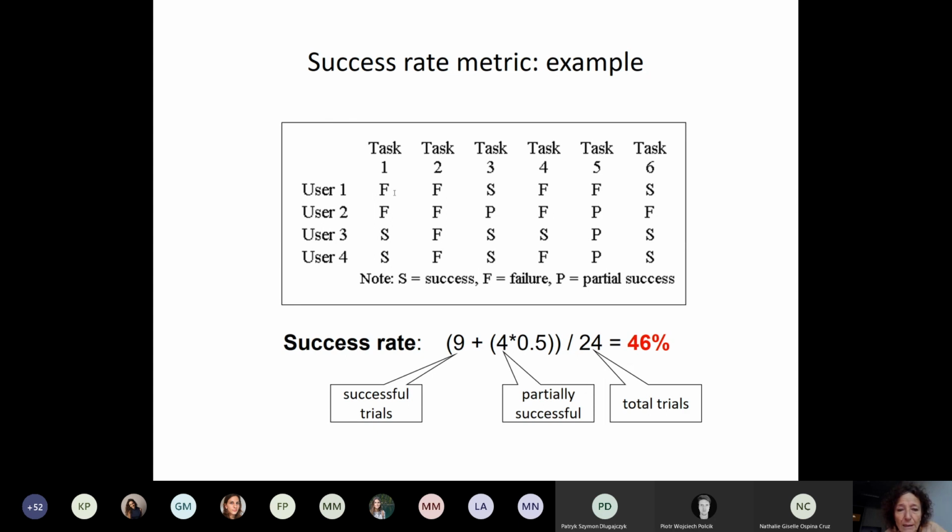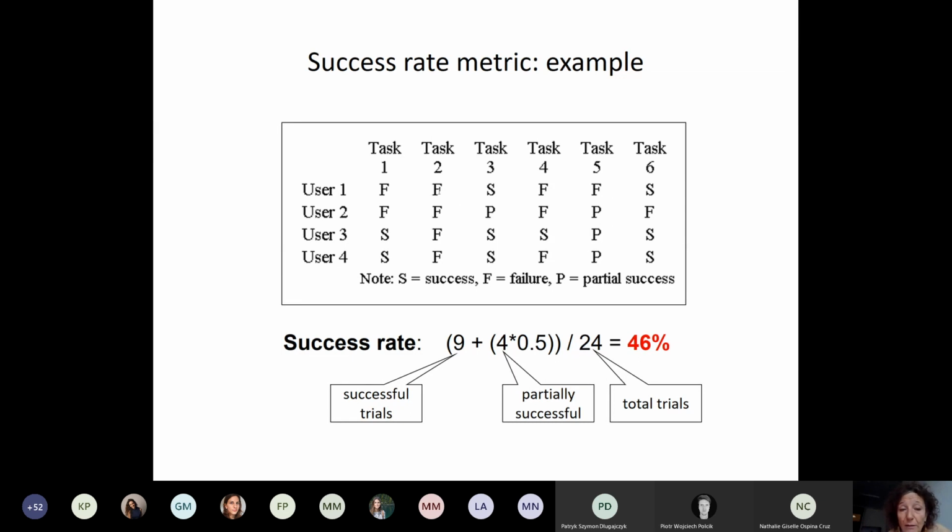The weight of 0.5 in this picture: successful trials have weight 1, partially successful trials have weight 0.5. Failures, you can decide if they do not count, basically have weight 0 because they do not contribute. This is one possible metric.